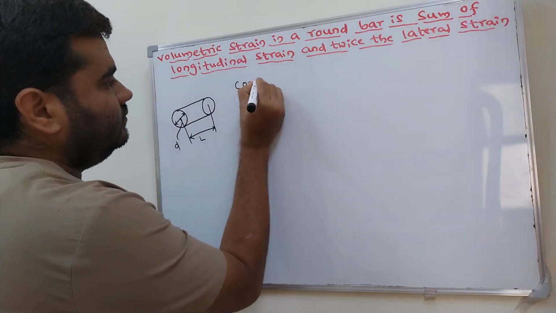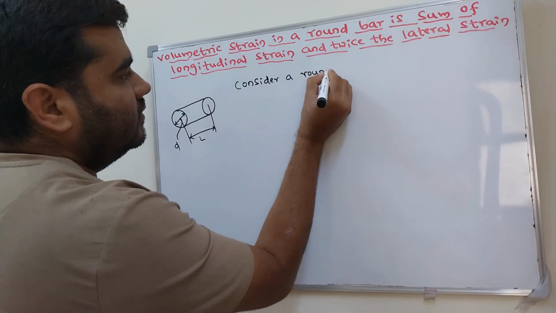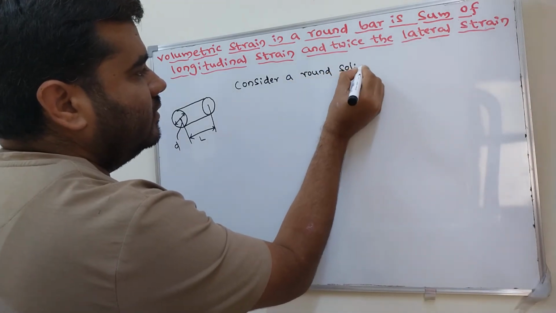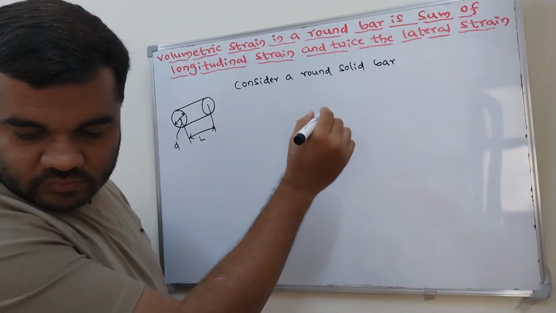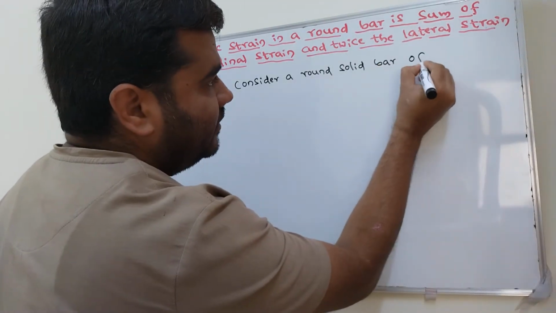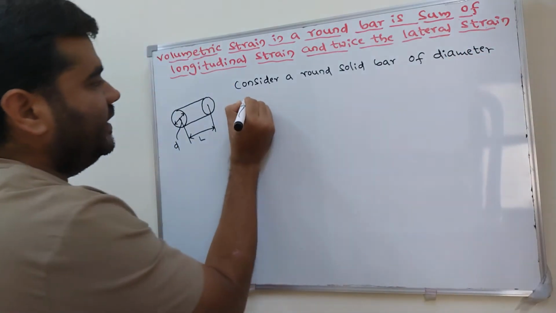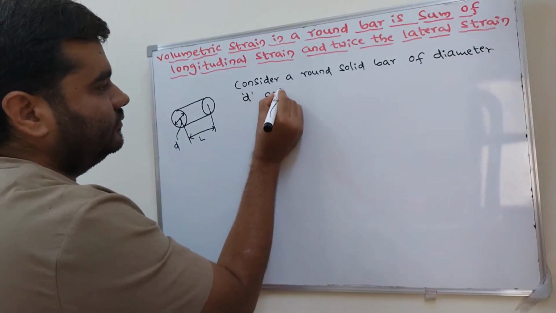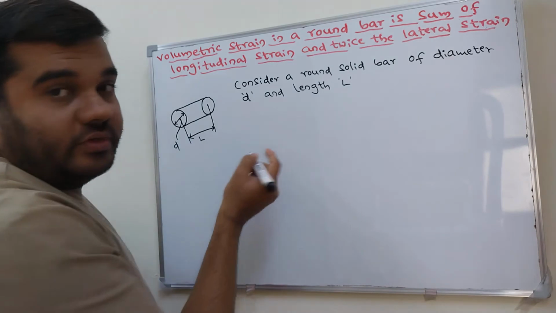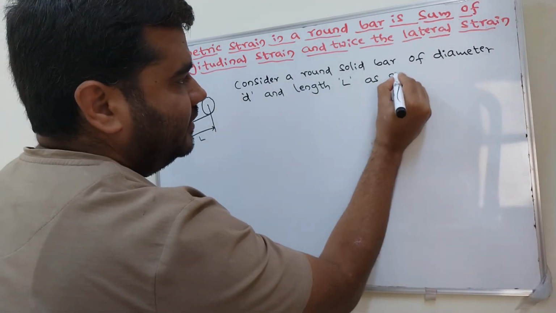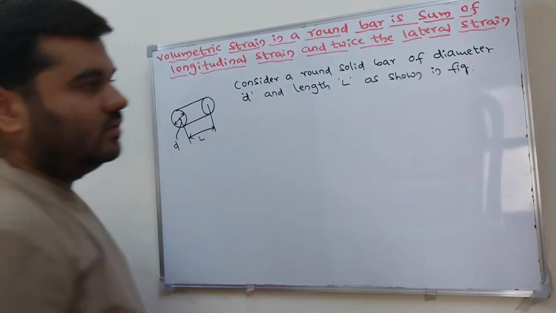Consider a round solid bar of diameter D and length L, as shown in the figure.